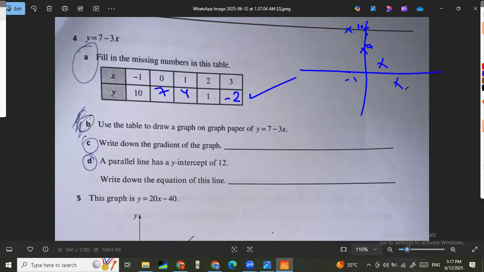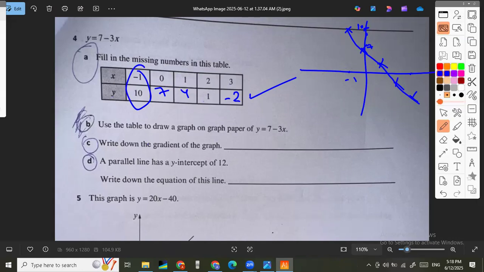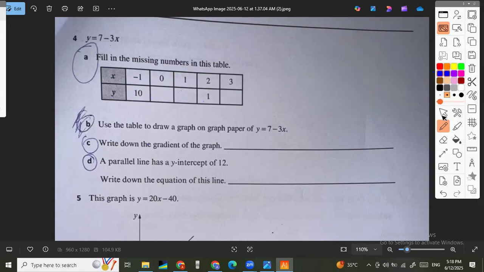You continue that way until you reach 3 and -2. At the end, you connect the lines. You are drawing these points, -1 and 10, and so on, and you match the crosses with each other. That's the graphing part.